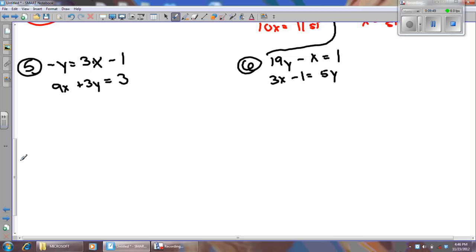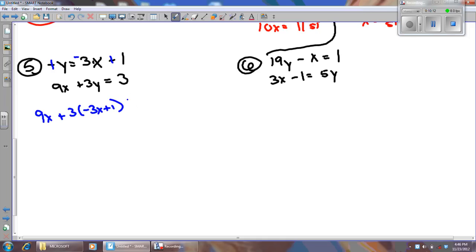All right, number 5. Go ahead and decide how you would solve it. I'm going to do it by substitution, but first I'm going to multiply through by -1, which changes all three signs. I'm going to rewrite my second equation, substituting in negative 3x plus 1 for y.